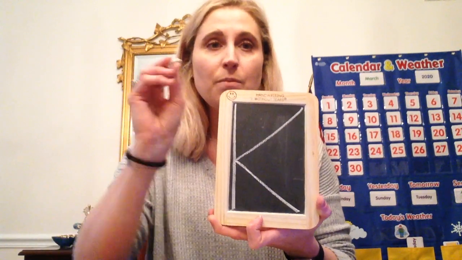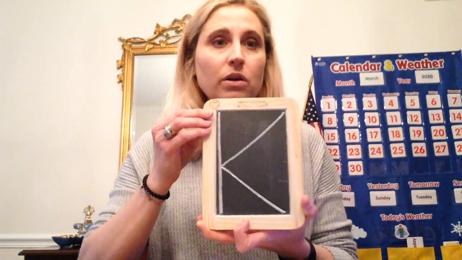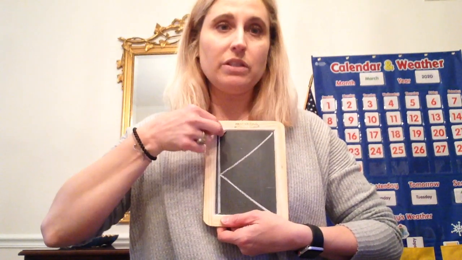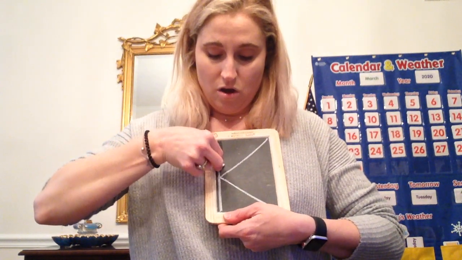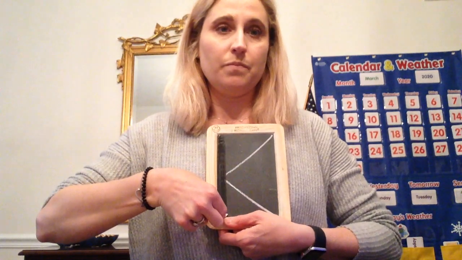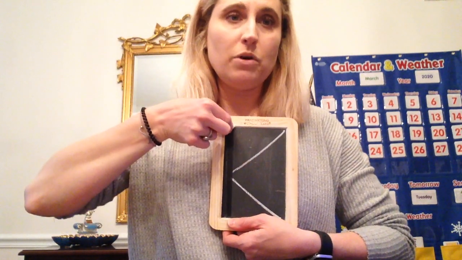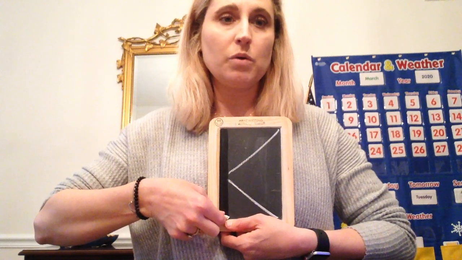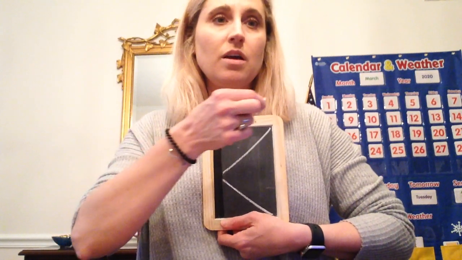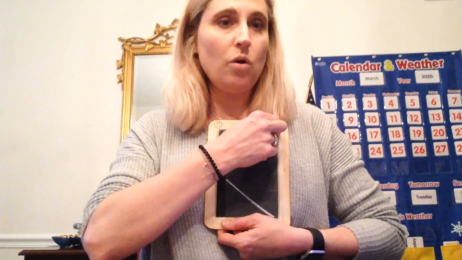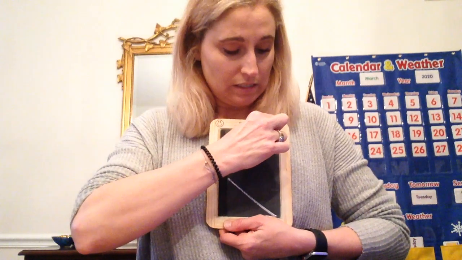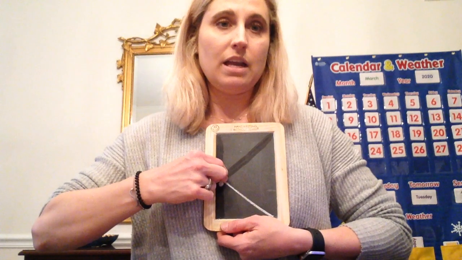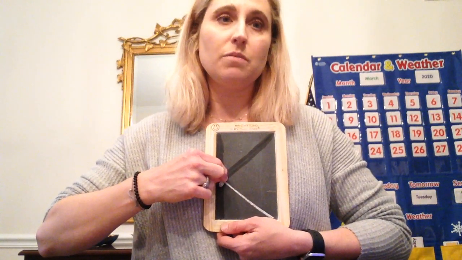So the first step, I'm going to take my wet paper towel and I'm going to wet my letter K, starting at the top and going all the way down to the bottom. Then I'm going to try that one more time to make sure I got it good and clean. And now I'm going to frog jump over to the opposite corner, and I'm going to slide down to the middle. And then I'm not going to pick up when I get to the middle.